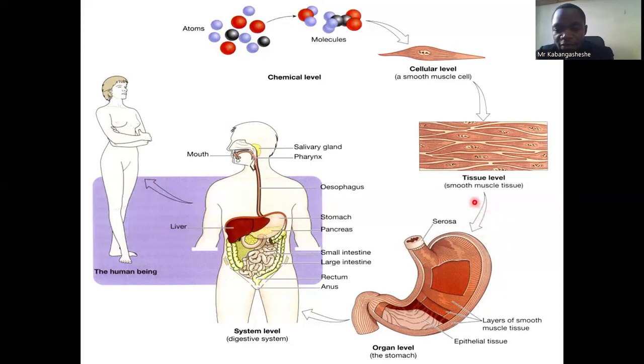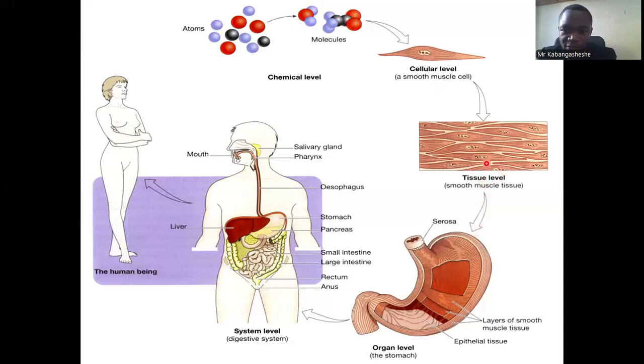Let me give them in the order that we will cover them. The first tissue will be epithelial tissue, followed by connective tissue, which is the most abundant. Then you're going to have muscle tissue, and then you have nerve tissue. So the four are epithelial tissue, connective tissue, muscle tissue, and nervous tissue.